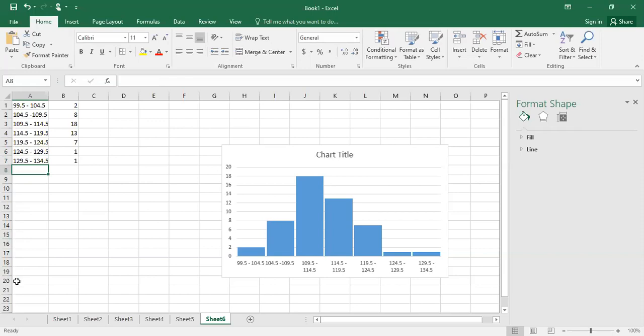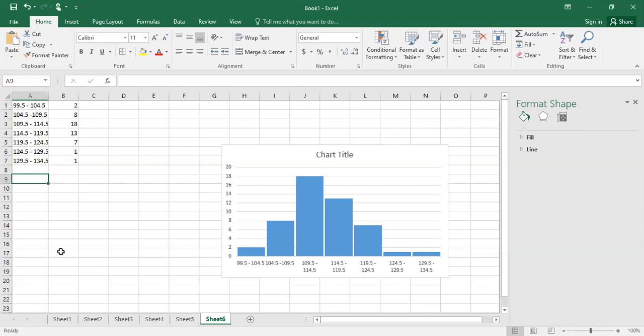Another type of graph is a frequency polygon. A frequency polygon is like a histogram using the class midpoint, and instead of bars, we use points connected by line segments to represent the frequency.